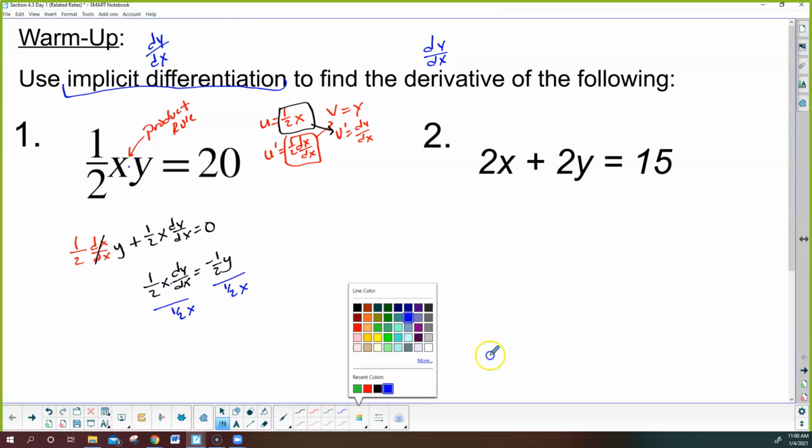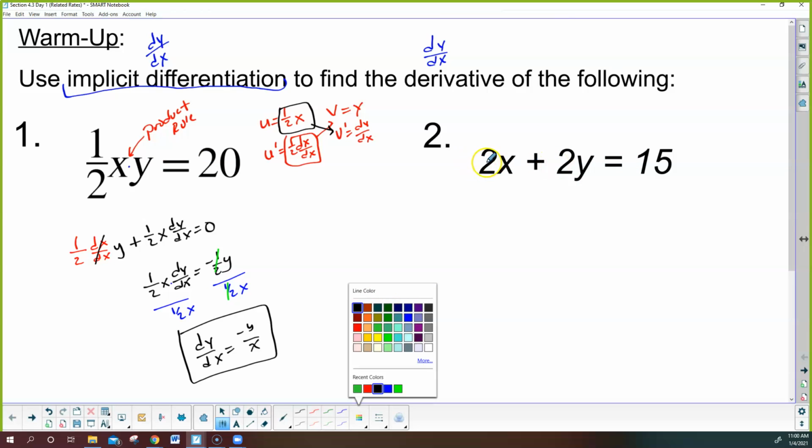Now, there's multiple ways you can do this. The reason why I said divide here is notice the 1/2 top and bottom will reduce out. And that leaves me with just dy/dx is equal to negative y over x. And there is the change in y over change in x.